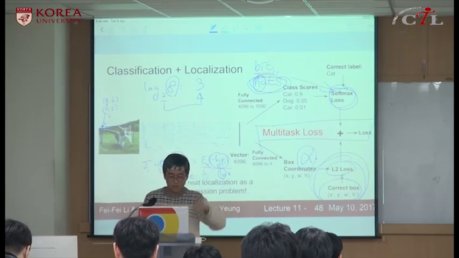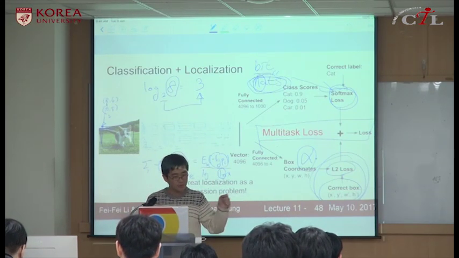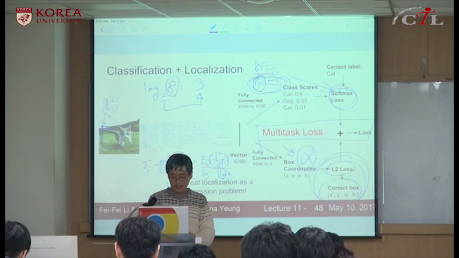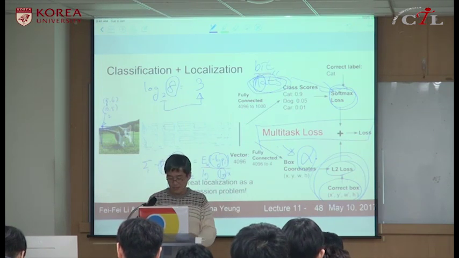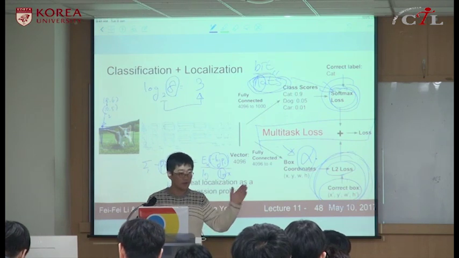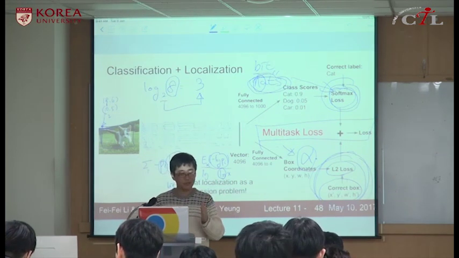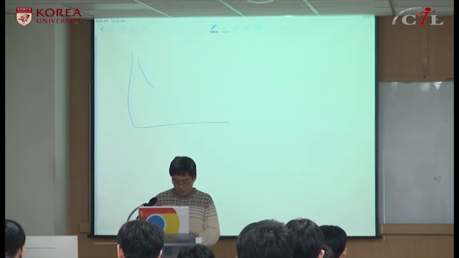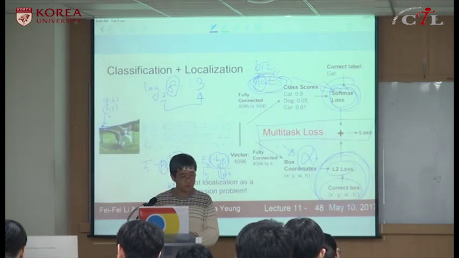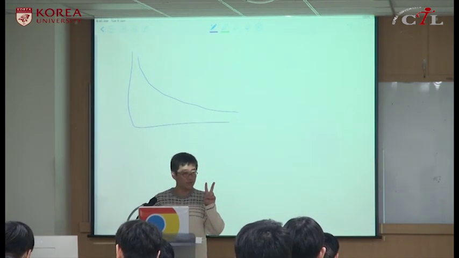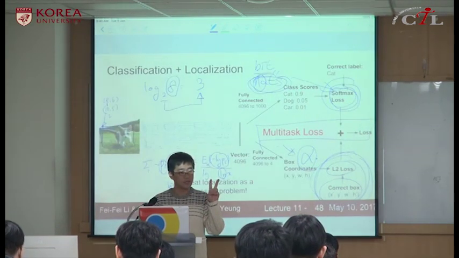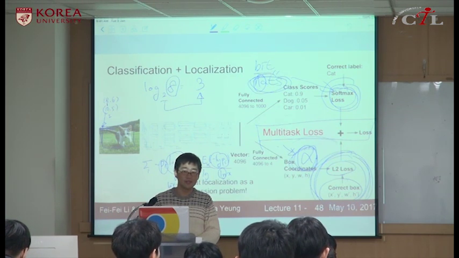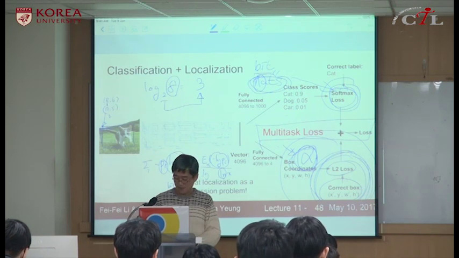You have to try out some randomly chosen value of alpha, and then draw each of the losses over the training iterations. The softmax loss becomes like this, and for the L2 loss there are two versions: the first one without alpha, and the second one including alpha.